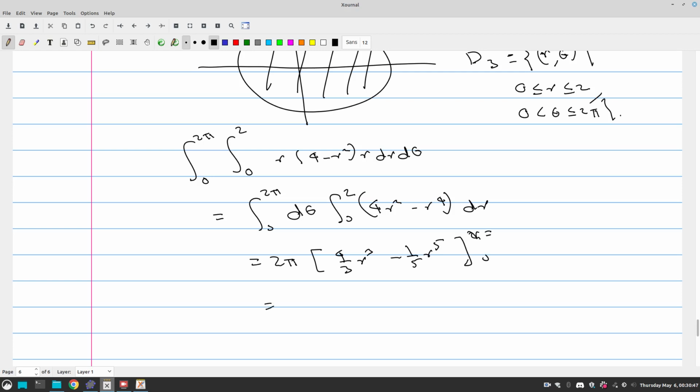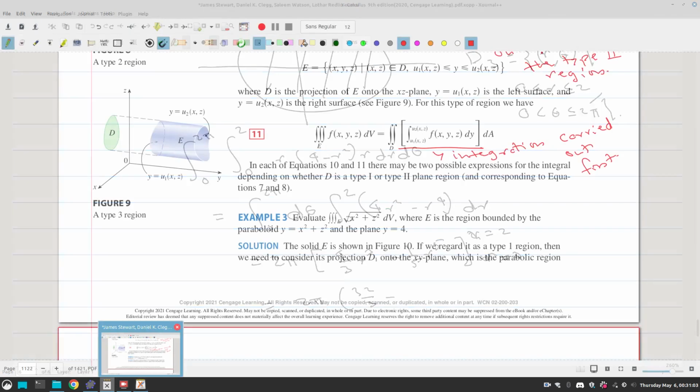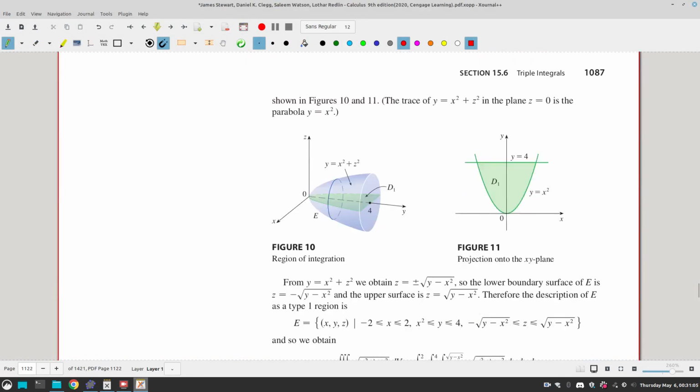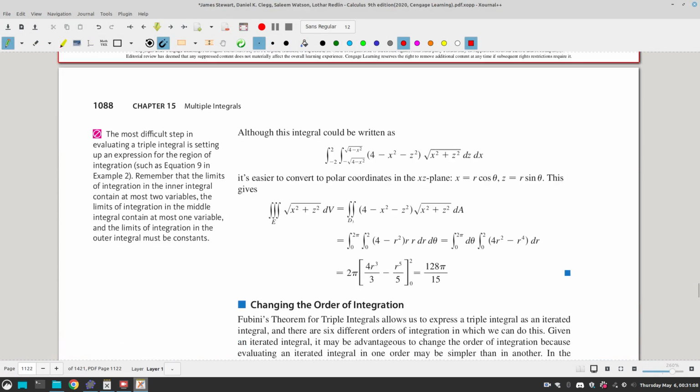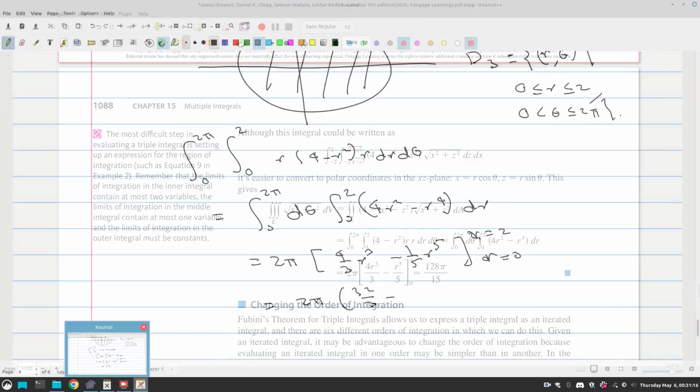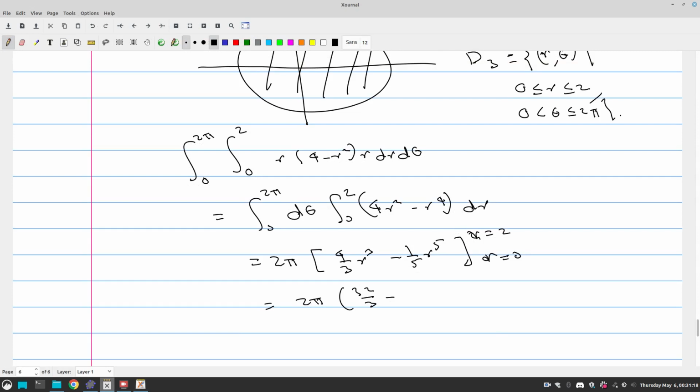I mean, obviously r equals 2 to r equals 0, twice pi, 32 by 3 minus... sorry. So to get to the answer, for 4r square minus r to the 4, we get 4 by 3 r cubed minus 1/5 r to the 5.